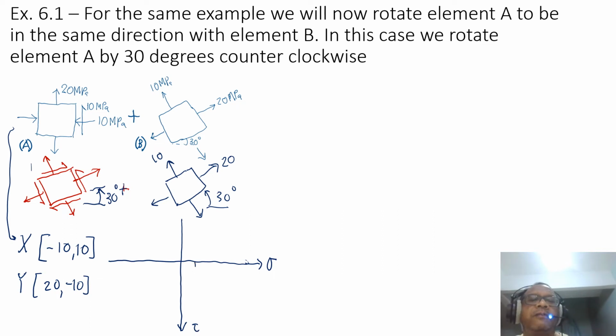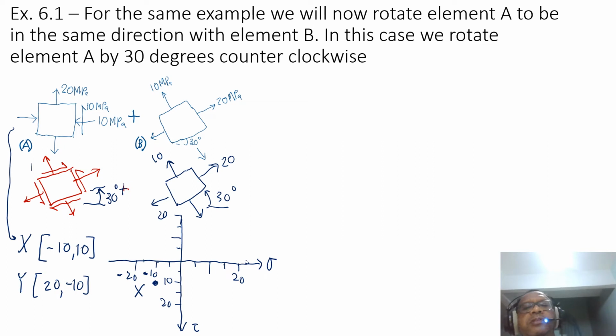I mark 5, 10, 20 on the axis. The x face is negative 10, this is negative here, negative 10, and 10. So it's positive here, so x is here.